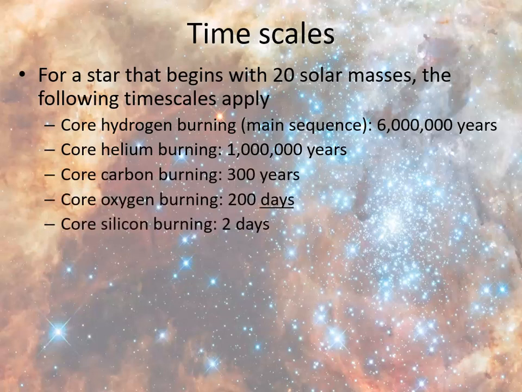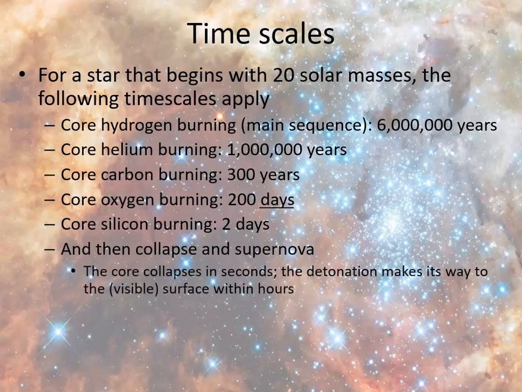Core silicon burning, that's 2 days. So once you get enough silicon in that core to start igniting that silicon in nuclear fusion and eventually building your way up to iron 56, once the silicon starts burning, that's 2 days before the supernova is going to occur in a star initially 20 solar masses.